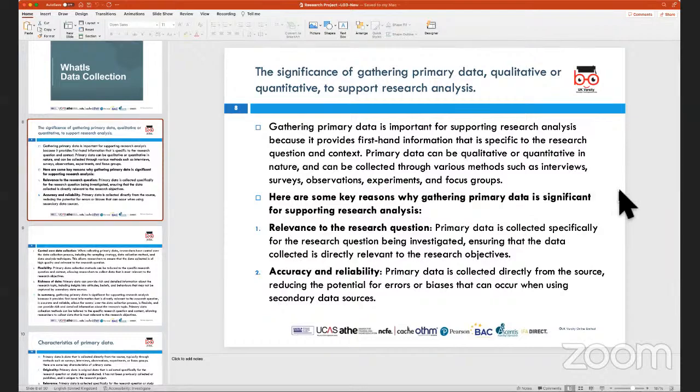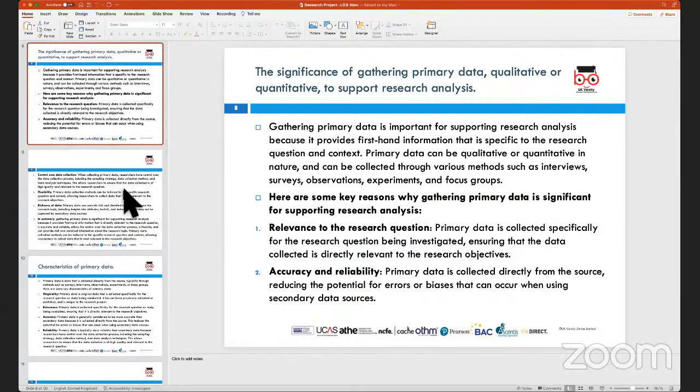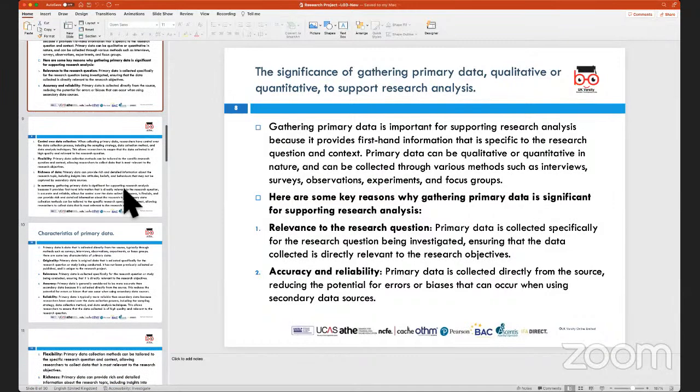Now, one of the things that you have to look at when we look at collection of your data is to relate it to what kind of research you're going to do, what your research objectives are. And in this case, how would the collection of data relate to the research objectives that you have?